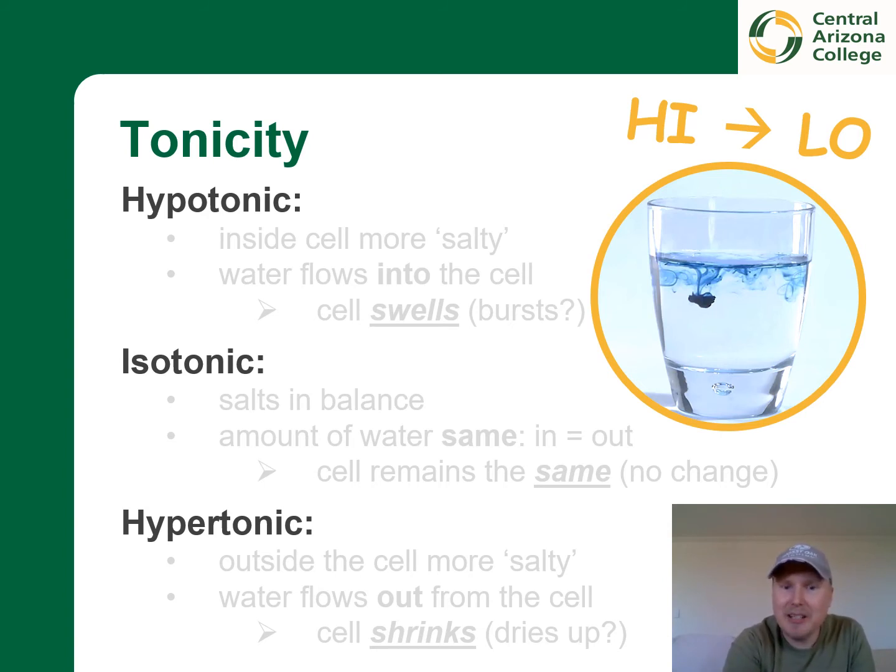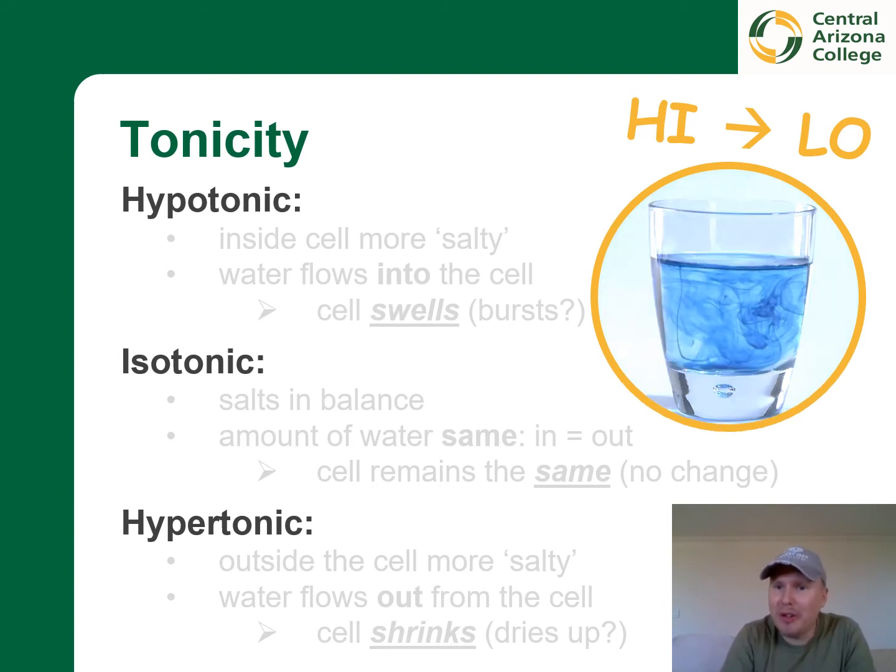A little food coloring dropped into one corner of the glass of water, which would naturally result in high concentration of the coloring being in the left corner, and the rest of the glass having low concentration of it, right?